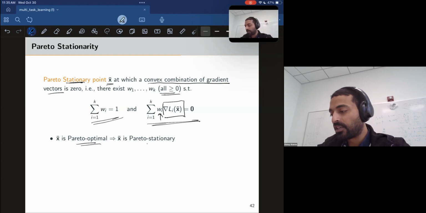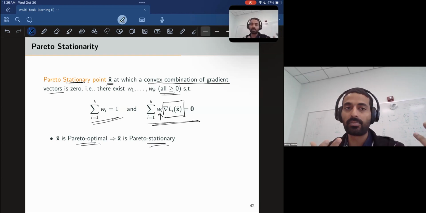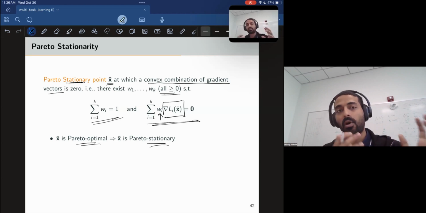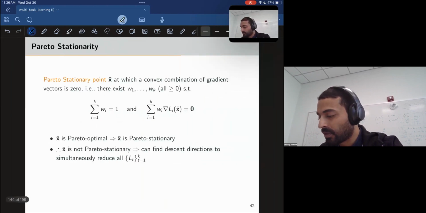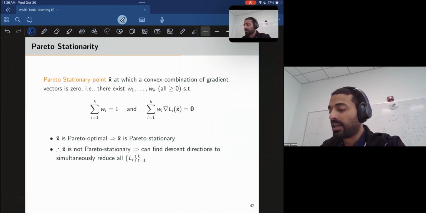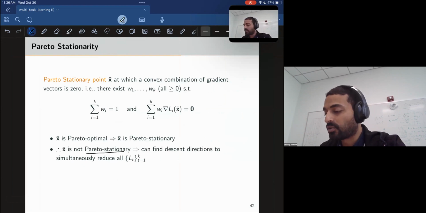Every Pareto optimal point is Pareto stationary. And as you can imagine, Pareto optimality is a stronger condition. When you go from optimality to stationarity, there is usually an implication one way. So at every Pareto stationary point, the following holds.